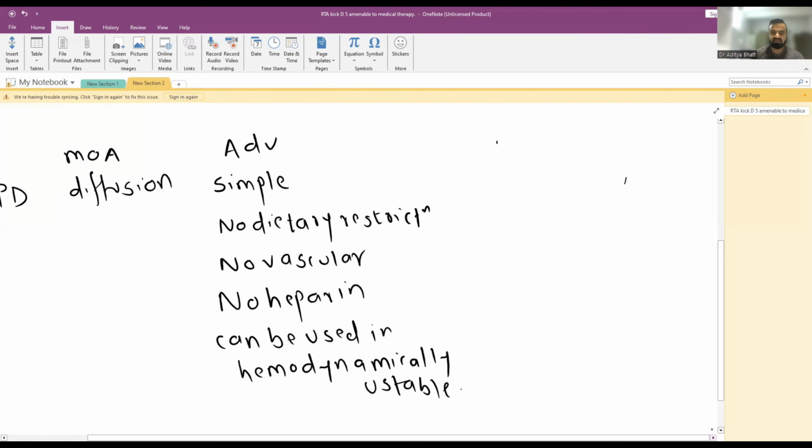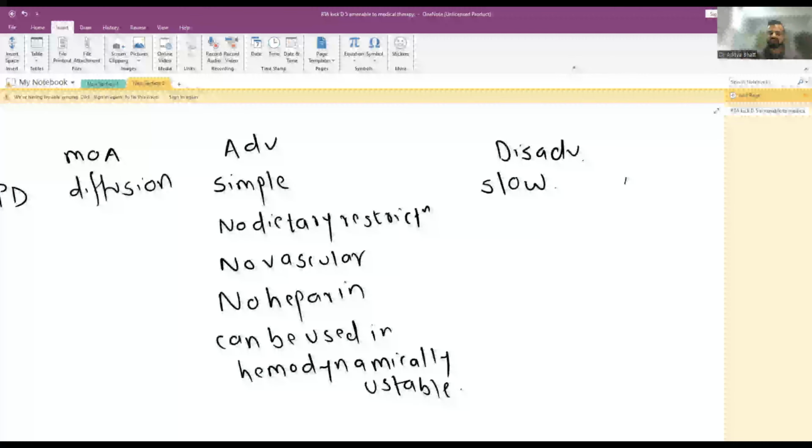Now, obviously, everything has its own set of disadvantages, and what are they? The disadvantage is that it is slow. It will not give rapid clearance like hemodialysis. It will take time to remove the toxins, so the onset is slower and a rapid fall is not achieved by this method.